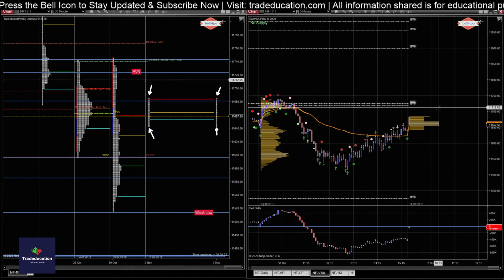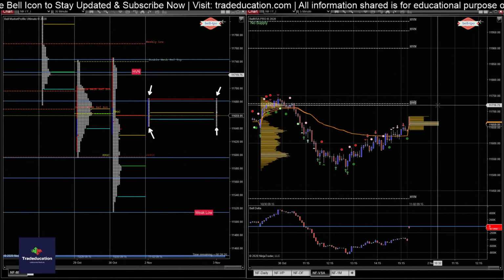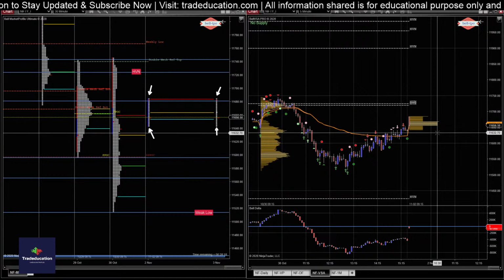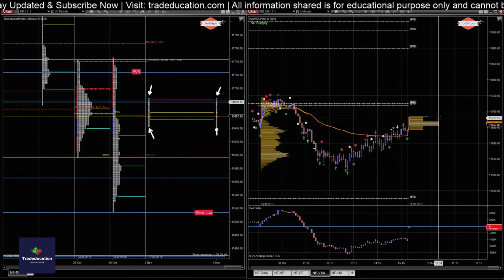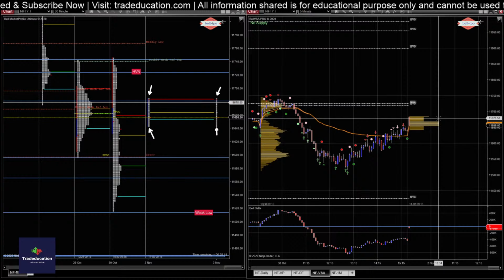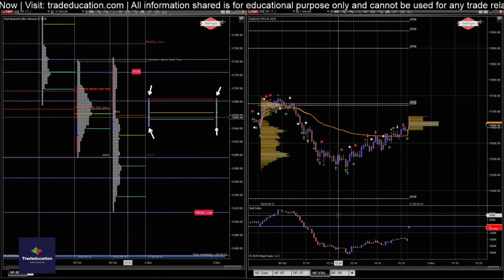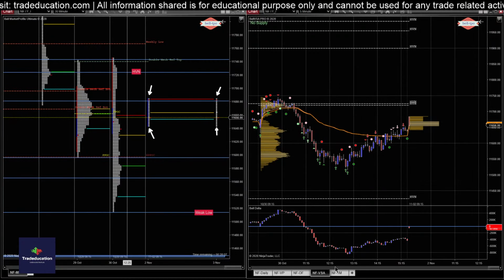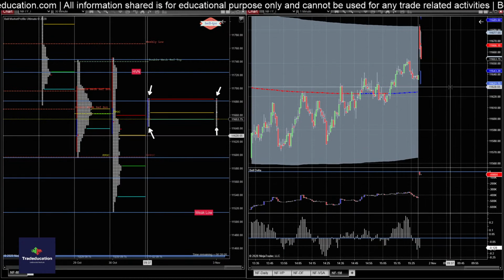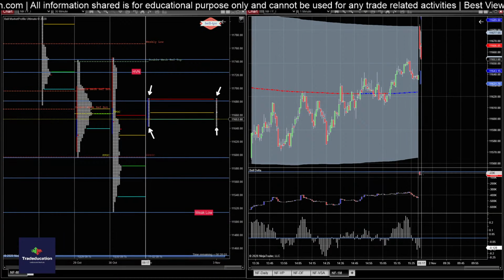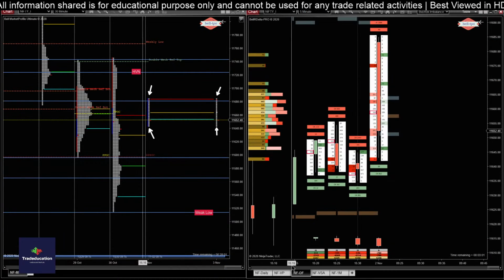Yeah, so we have got two HVNs here. This is the low volume area node, this particular reference. One more HVN at the lower side. Delta is negative, cumulative delta is negative.